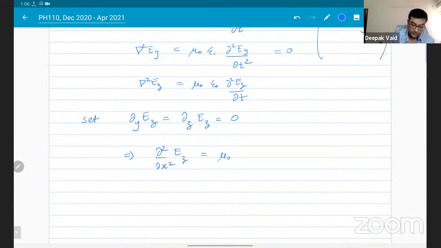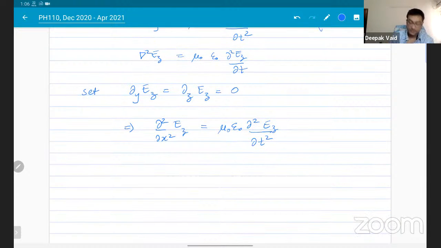And the right side becomes mu naught epsilon naught d squared Ez by dt squared. This equation has the solution Ez is equal to E naught. You can write either sine or cosine, it doesn't matter.